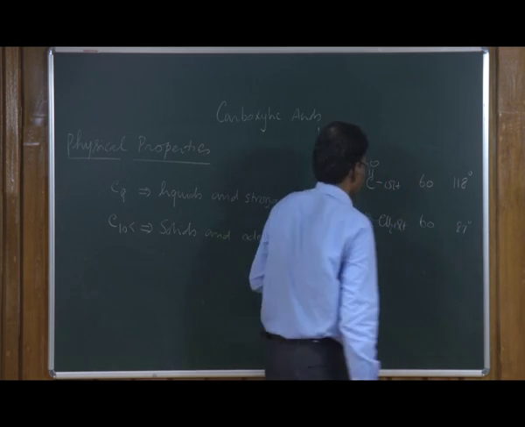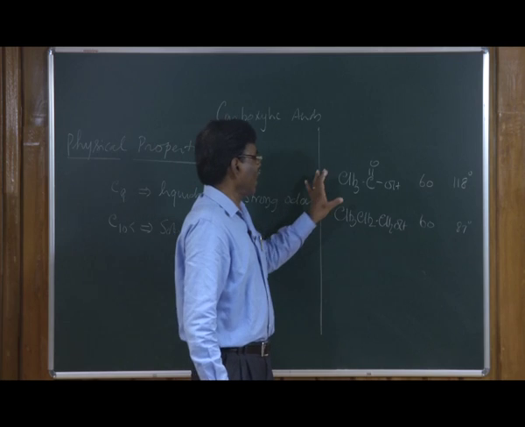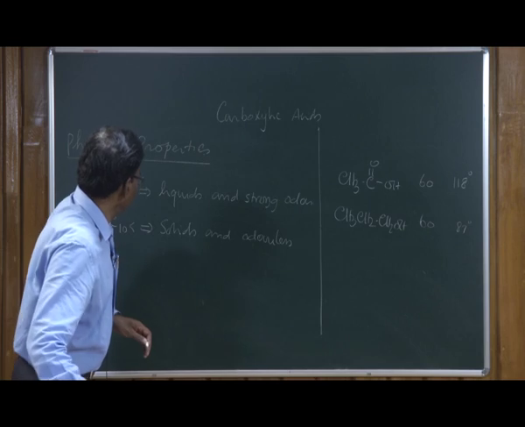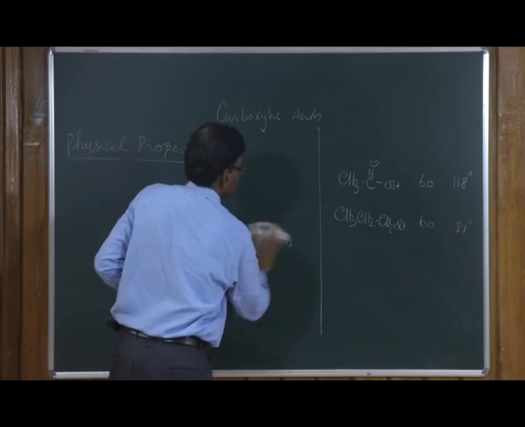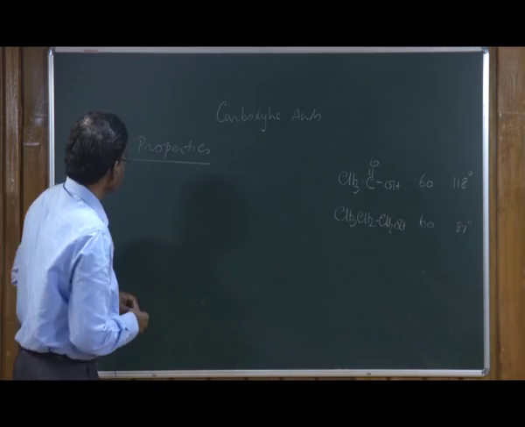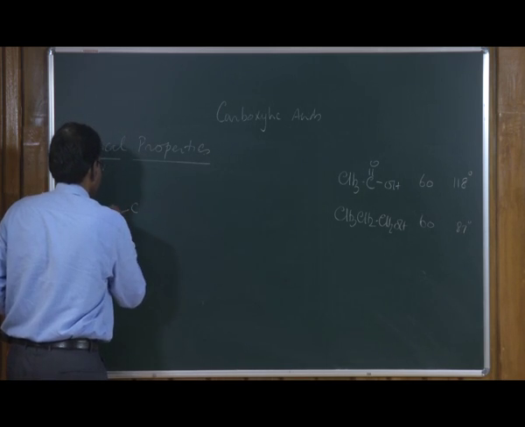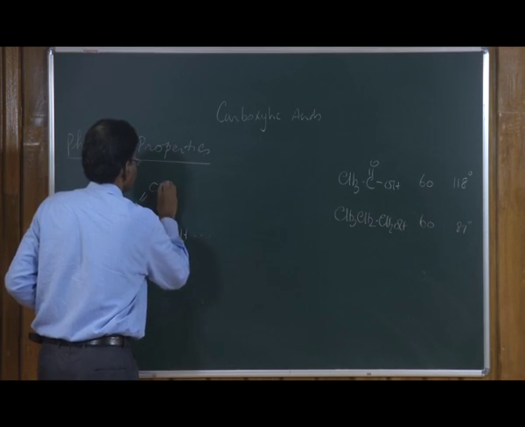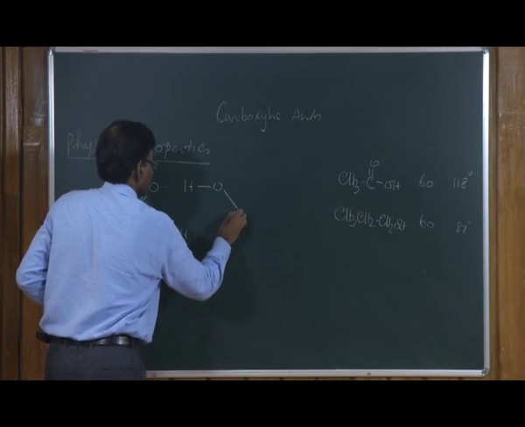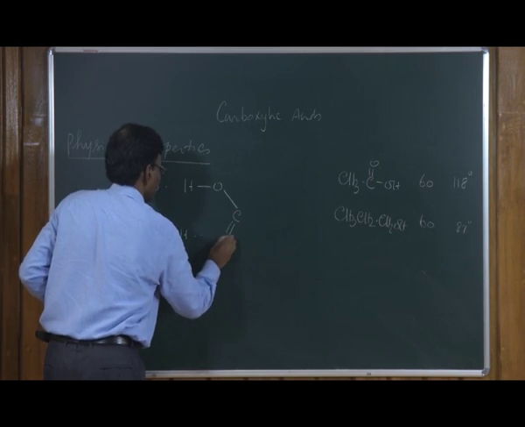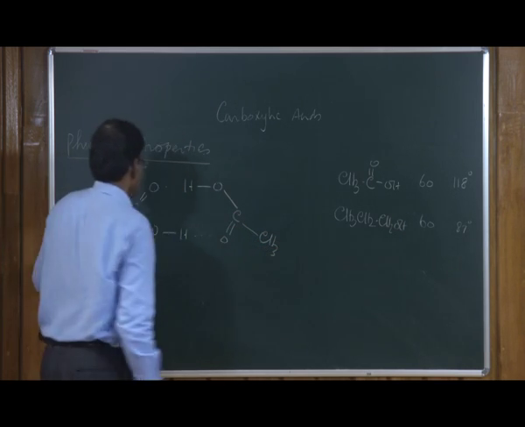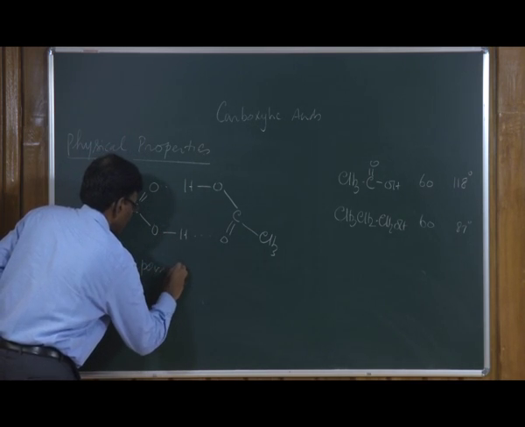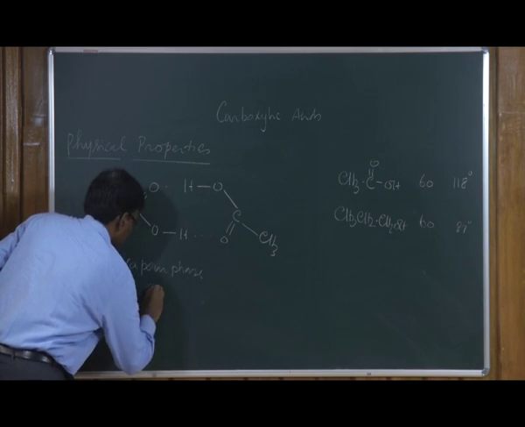So, this is because of the association of carboxylic acid via intermolecular hydrogen bonding. For example, acetic acid exists as a dimer even in the vapor phase or in aprotic solvent.